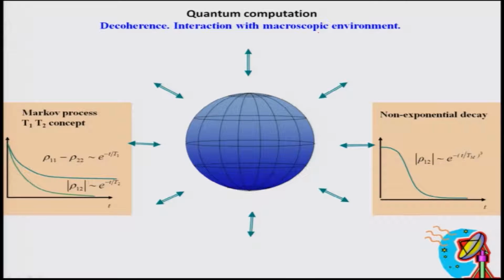If it is the Markov kind of a process, which is typical of the NMR spin cases, these are the T1, T2, which follow typical exponential decays, and there are the excited state time scales versus the phase of the system time scales, which have different time scales.